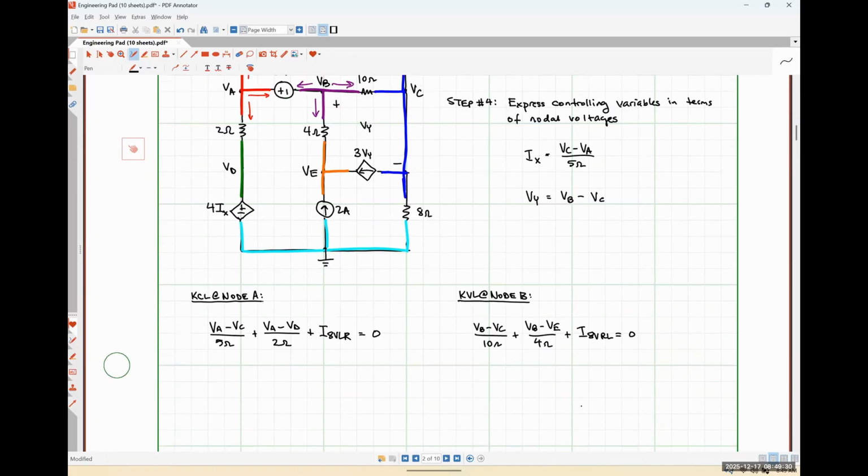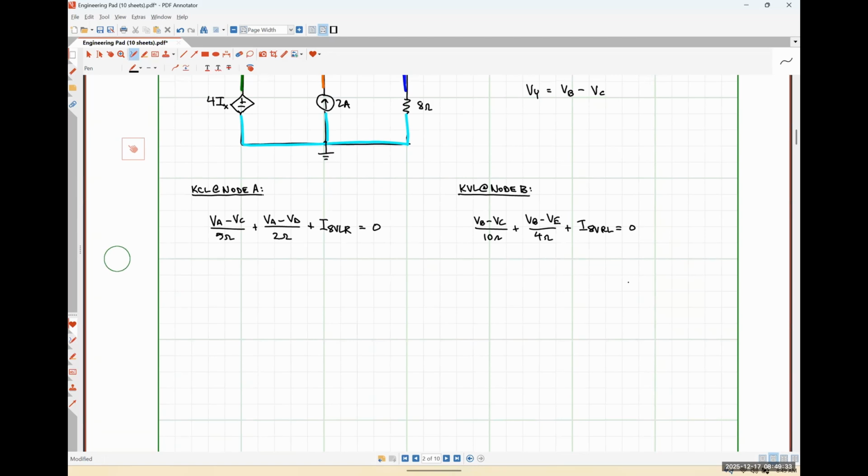So if I added these together, the result would be VA minus VC over 5 ohms plus VA minus VD over 2 ohms plus VB minus VC over 10 ohms plus VB minus VE over 4 ohms is equal to 0, right? That's the result of me adding those together.